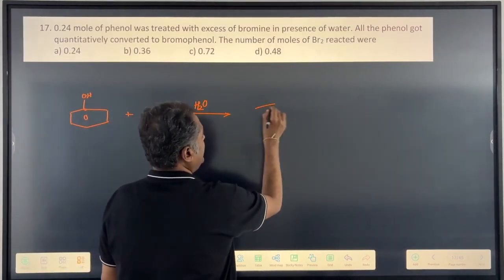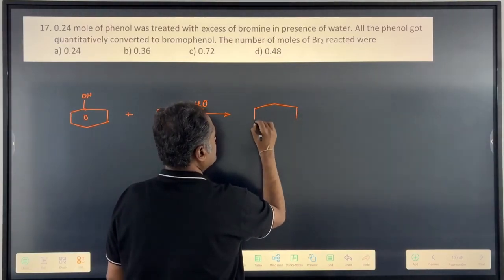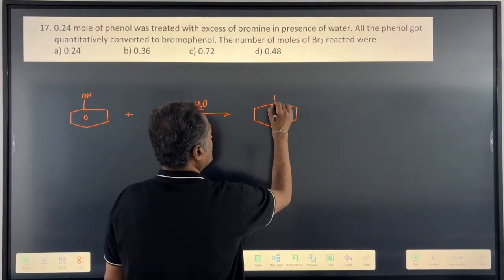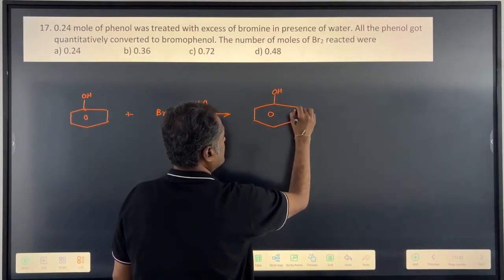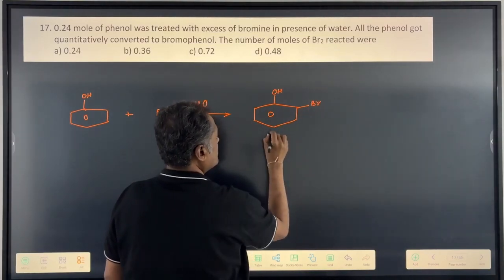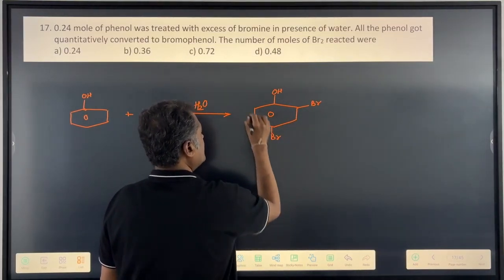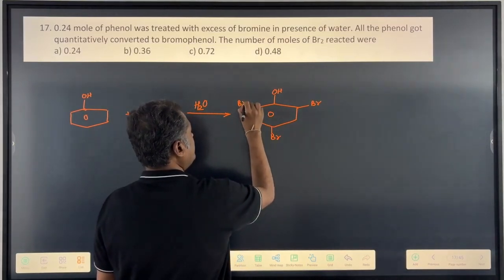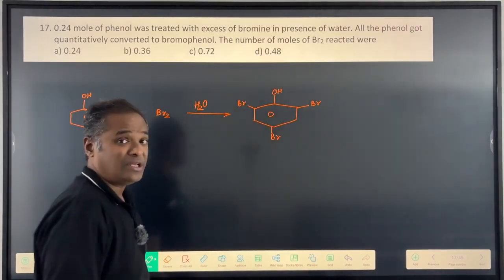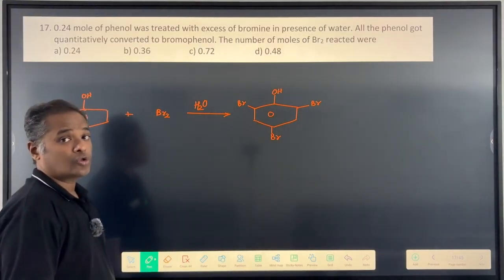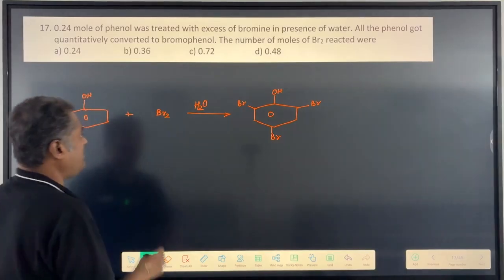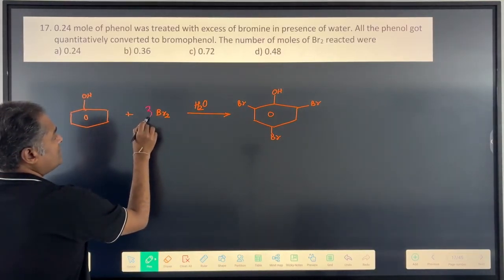The product obtained is nothing but 2,4,6-tribromophenol. That means your bromination takes place at 3 positions called ortho, para and ortho. That means you need to have 3 moles.